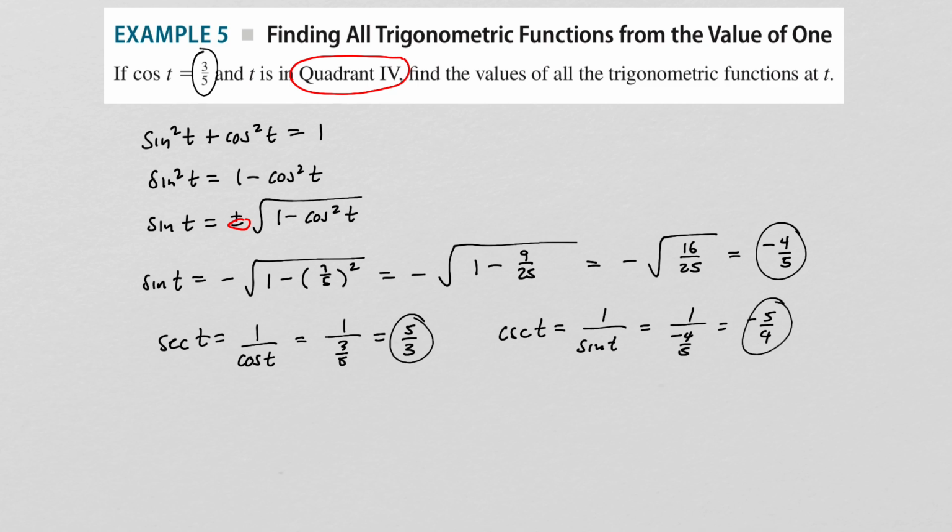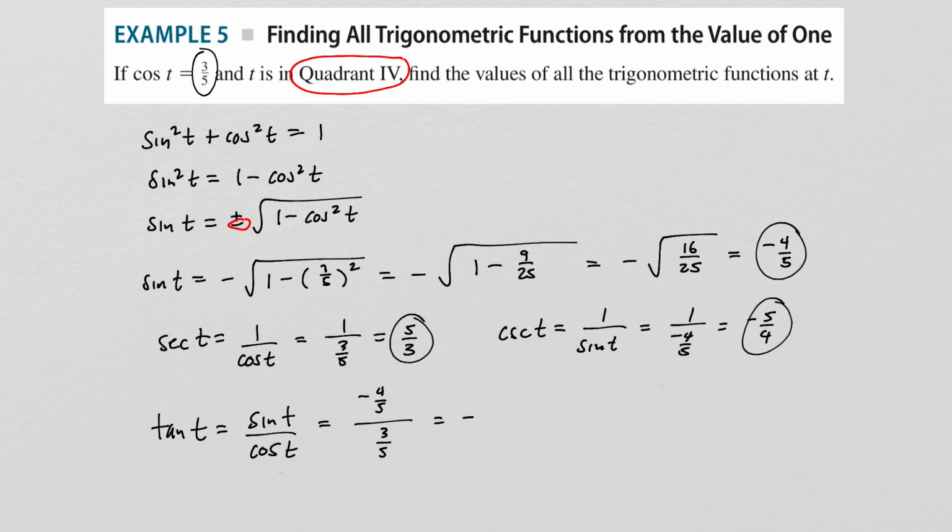And then to find tangent and cotangent, tangent is simply sine over cosine, because we know that tangent is y over x, and we know that sine is y and cosine is x. So all I have to do is divide sine of t, which is negative 4/5, by cosine of t, which is 3/5.